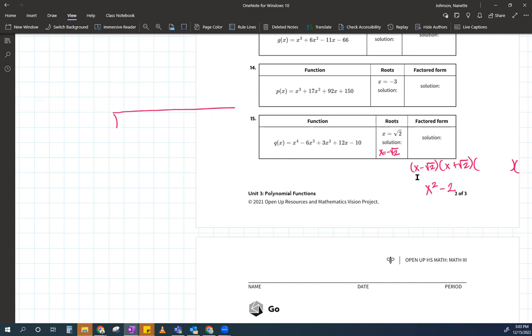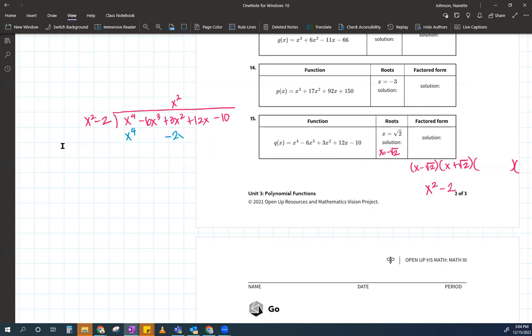So x to the 4th minus 6x cubed plus 3x squared plus 12x minus 10, and over here I have x squared minus 2. All right, so I'm dividing. This would be x squared, and then let me multiply. X squared would be x to the 4th minus 2x squared.